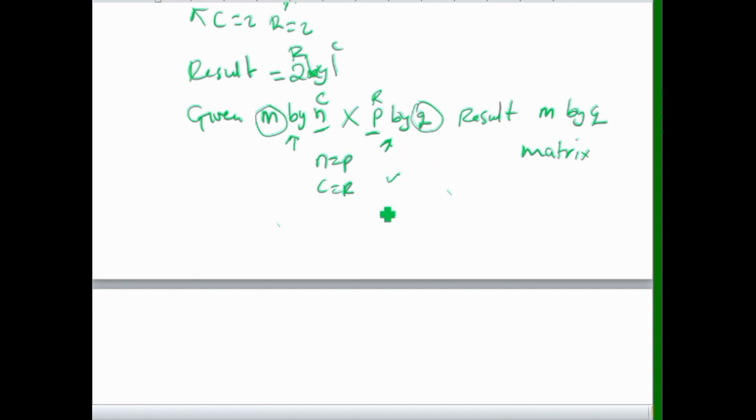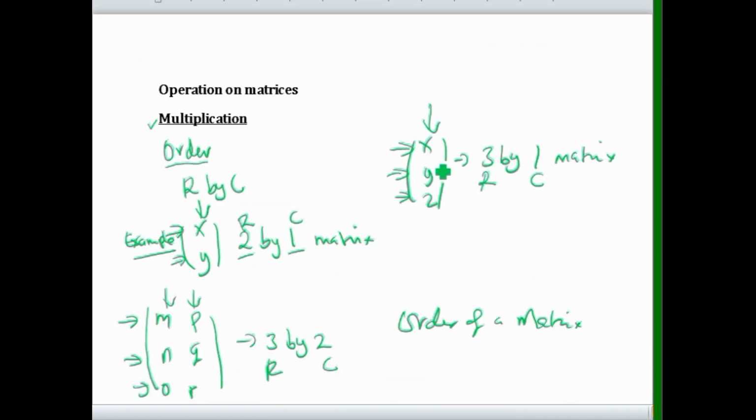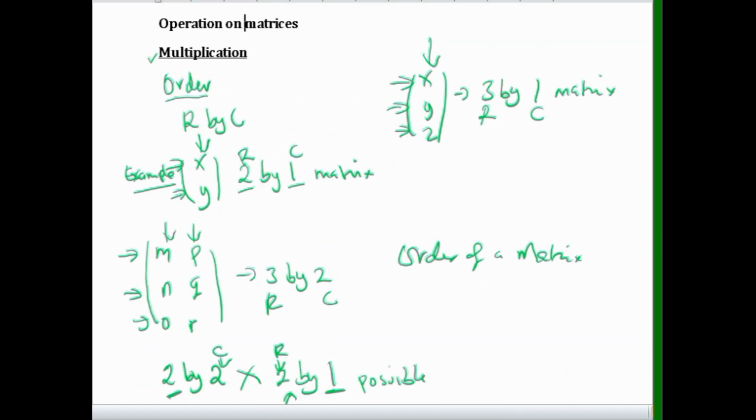Now, that gives us a leeway on how to proceed by looking at how we multiply matrices. Just to summarize, the order of a matrix is determined by the number of rows by the number of columns.